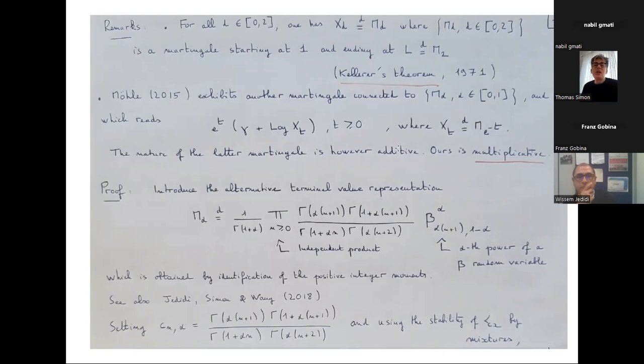I want to give some hints on the proof of this property, because again, it uses a factorization we had considered with Wissem, which is the second factorization. If you remember the proof of my previous theorem, we had a product of beta random variables to the power 1. And here we have a product of beta random variables to the power alpha.